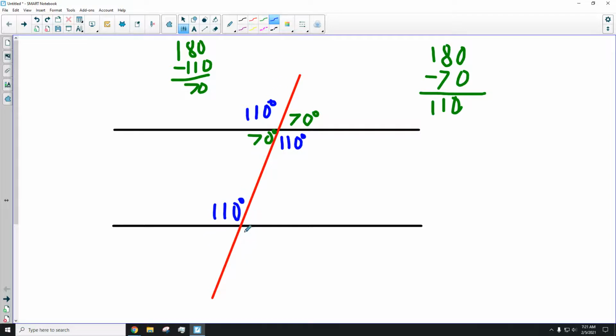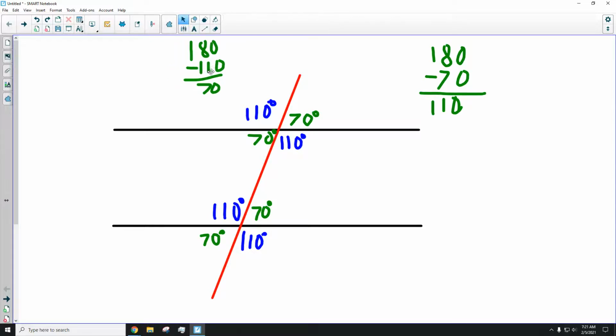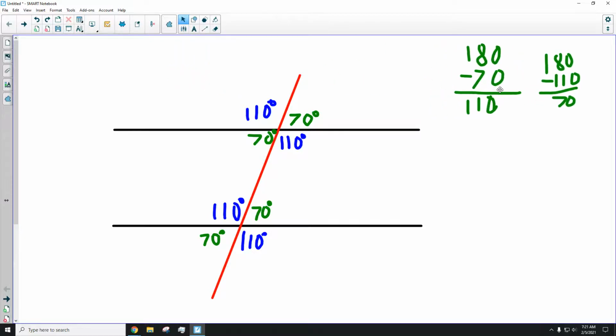And then if I fill out the rest of the pattern, I can pretty easily say where these are. So if you look, you can see that there's only two different kinds of measures here. We have our 70 degree angles and we have 110 degree angles. And anytime we work with these types of problems, we're only ever going to have two different measures. So it does make it a little bit easier.